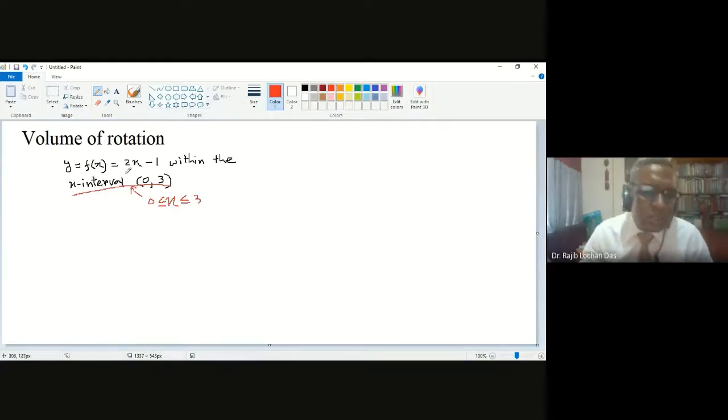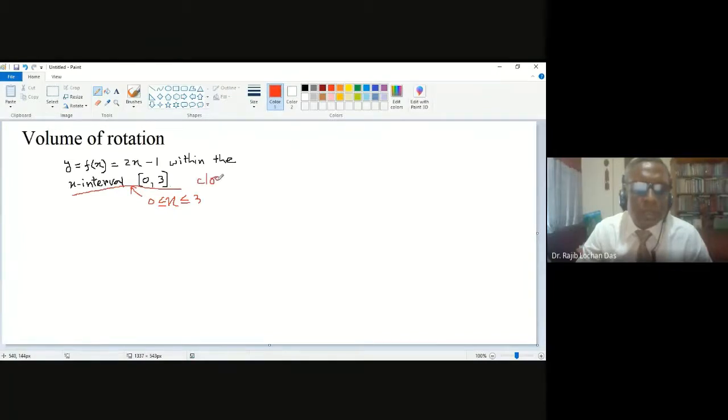So what does included mean? Included means 0 can be taken as an x value, and 3 also can be taken as an x value. So if we include 0 and 3, this is an interval with third bracket. Do you know this thing? This is called a closed interval.